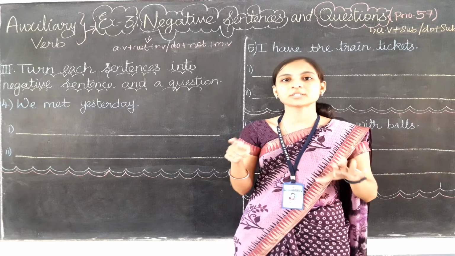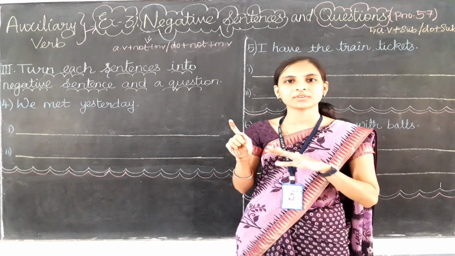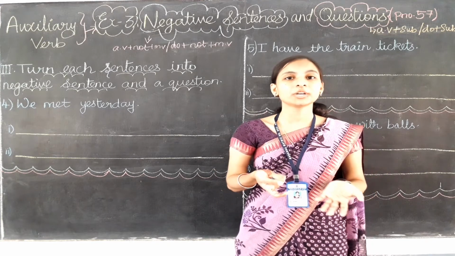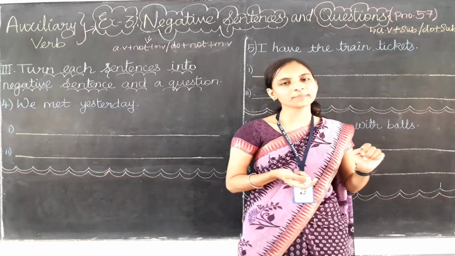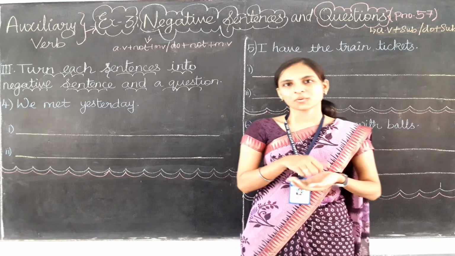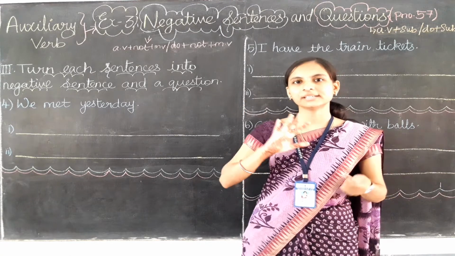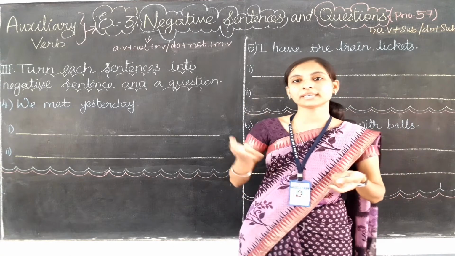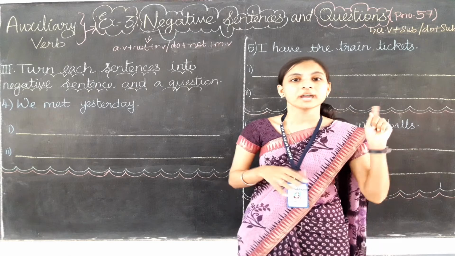If there is no auxiliary verb, only the main verb in the sentence, you are going to use the do form verb and then the subject and all other words. I hope you are clear with making the negative sentence and also the question sentence.